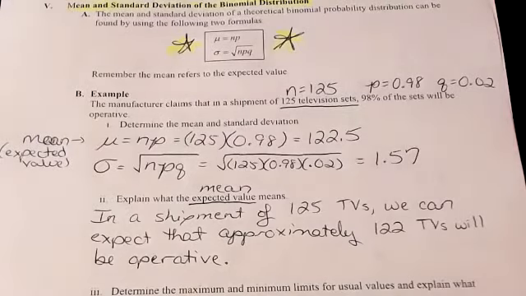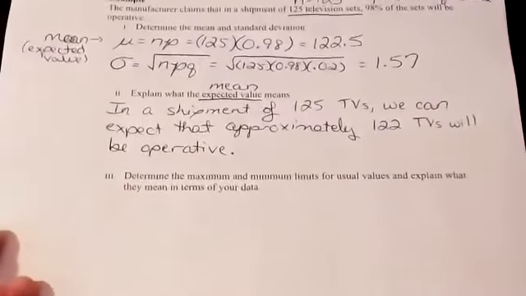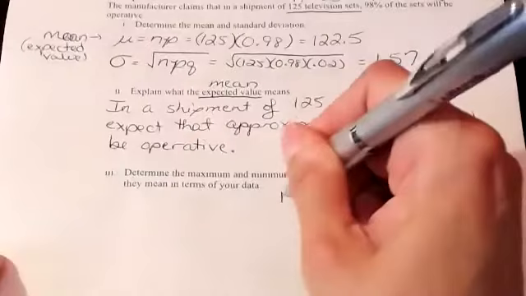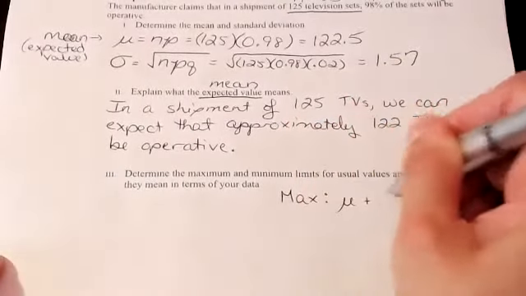Beautiful. Great question. Next, we want to determine the maximum and minimum limits for usual values. Who remembers the formula for the max and the minimum limits for usual values? I know you do. It's the mean plus 2 times the standard deviation for the maximum, right? Yes, excellent. And for the minimum, it would be the mean minus 2 times the standard deviation.